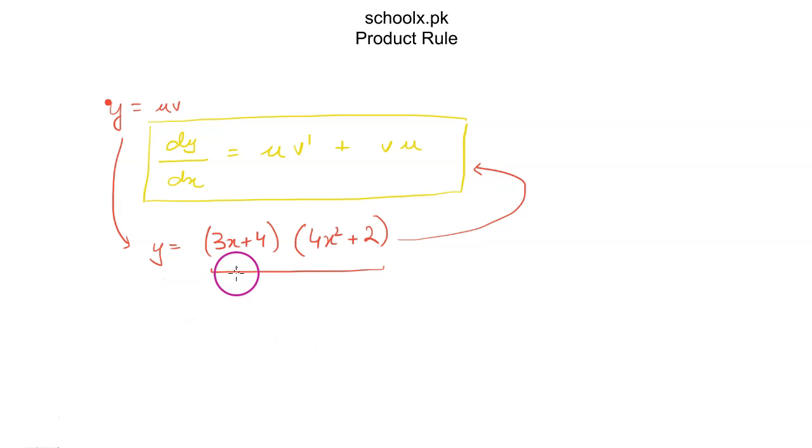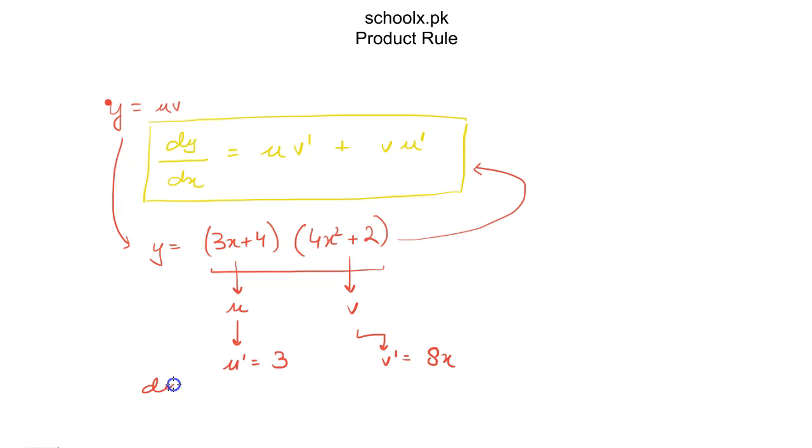So let's keep this 3x plus 4 as u and this as v, right? So in the product rule I need the derivative of v and also the derivative of u, right? This is u into derivative of v plus v into derivative of u, right? So the derivative of u will be 3, and the derivative of v will be 8x, right?